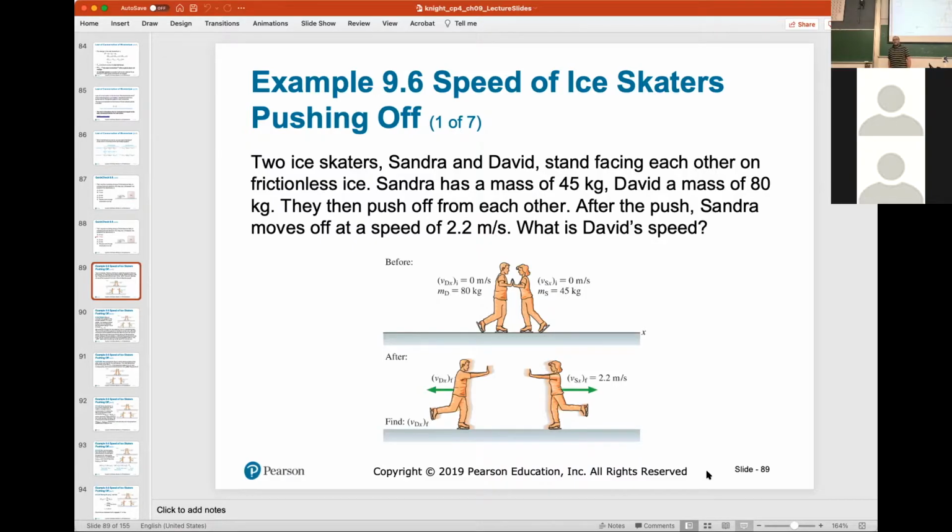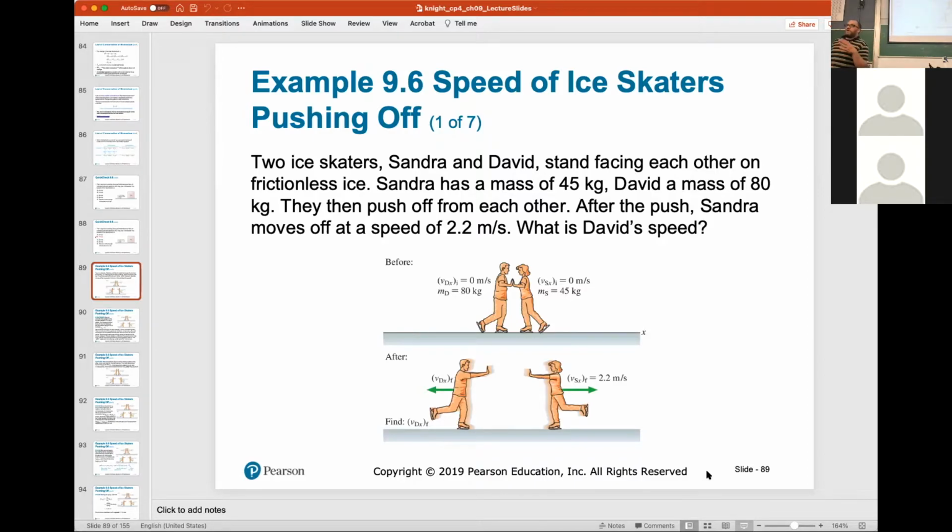Right? So this is an important problem about conservation of momentum, because if these two people push off, that means that momentum has to be conserved. So their momentum has to be equal and opposite to each other. So if we know Sandra's momentum, we know her mass, and we know her velocity, then we can also figure out what David's velocity has to be.